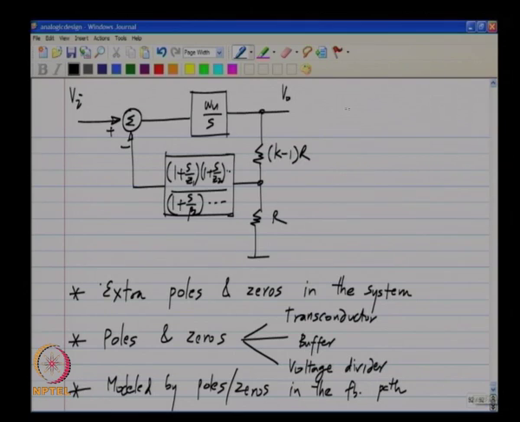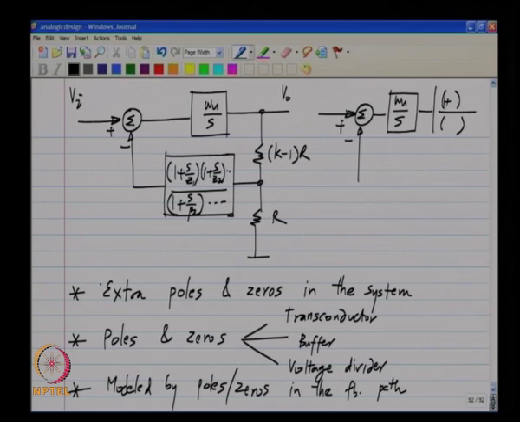We can equivalently model the same using extra poles and zeros in the forward path as well. Because what we are looking for is the effect of the poles and zeros in general terms, and we can do it also in the forward path like that.